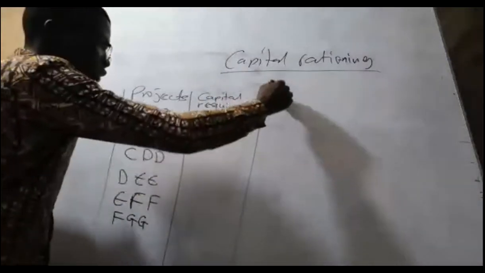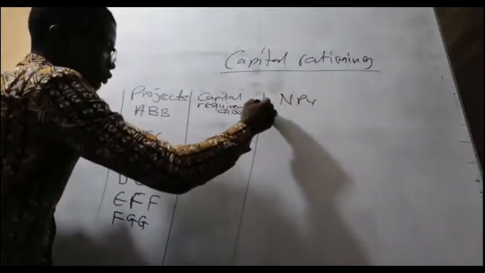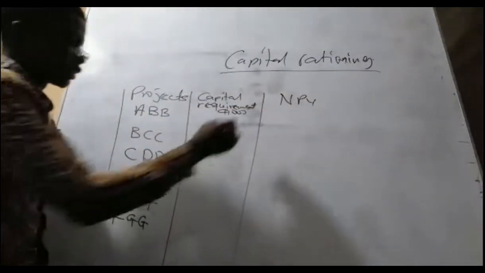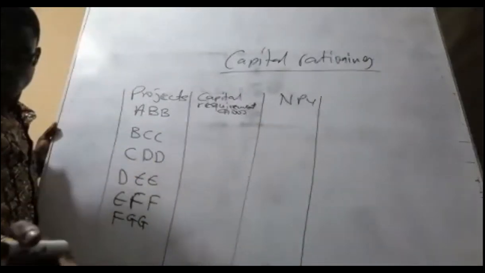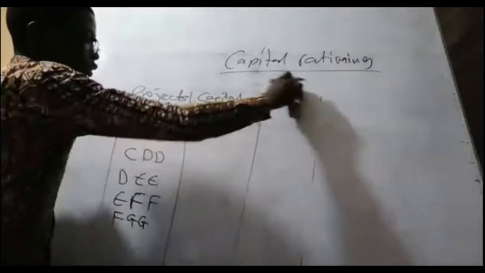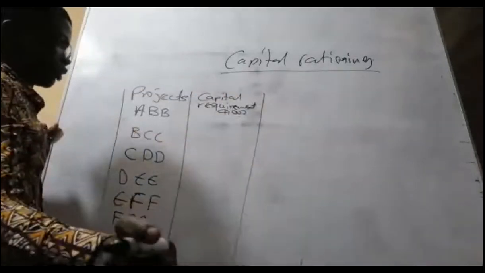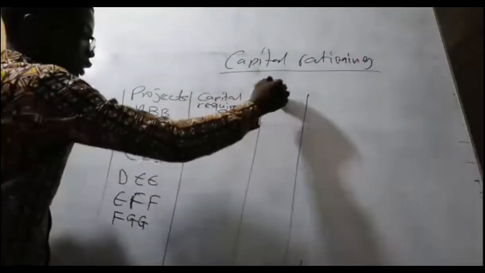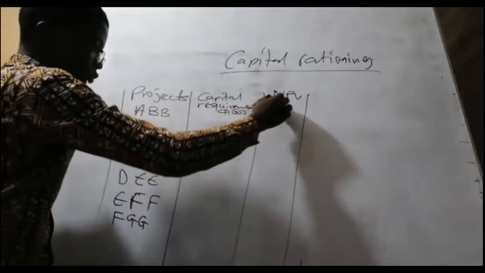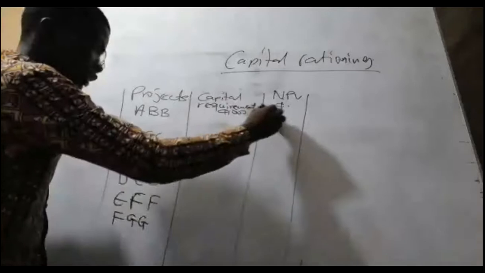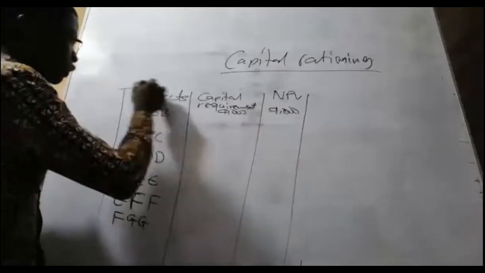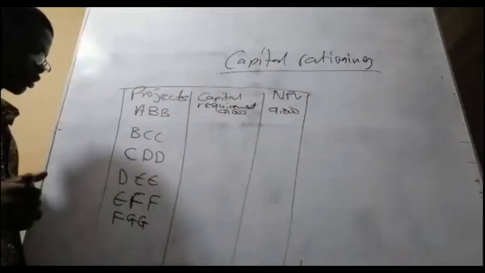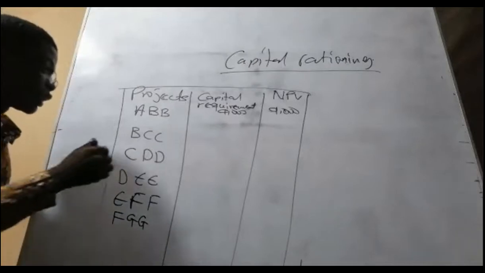The NPV is also here, also in thousands of cedis. So these are the NPVs for a particular company.